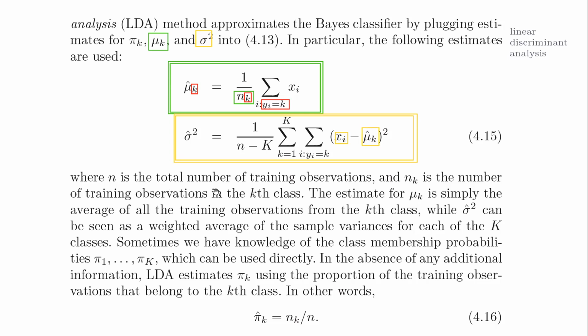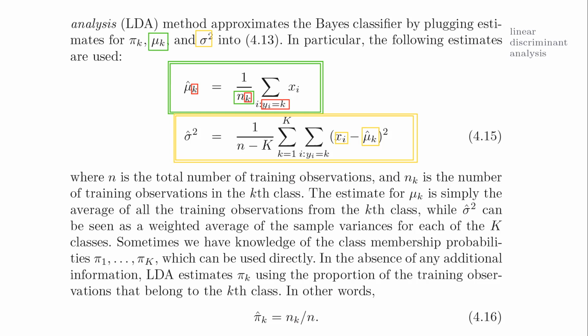Where n is the total number of training observations and nk is the number of training observations in the kth class. So adding all the nks would give you n, correct? The estimate of mu k is simply the average of all the training observations from the kth class, while sigma squared can be seen as a weighted average of the sample variances for each of the k classes.